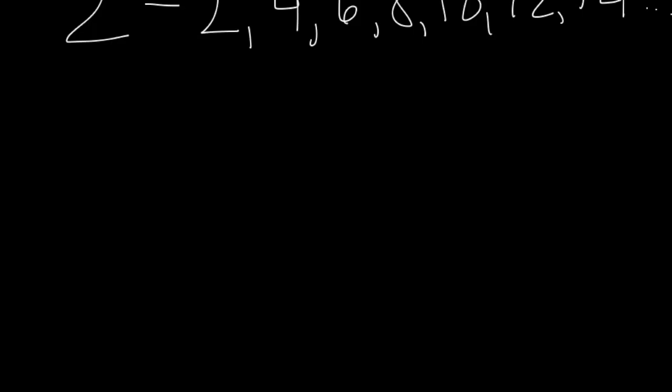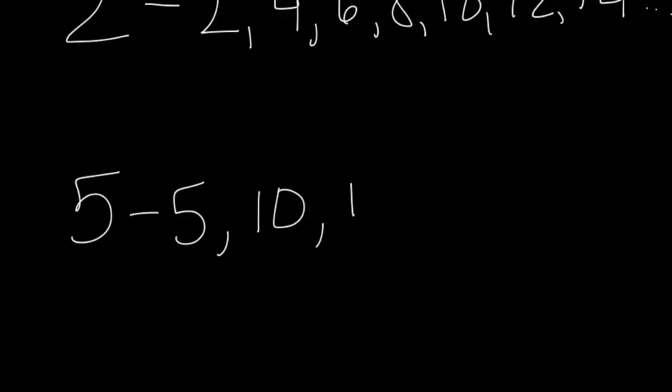But we don't want to do that because we'll be here all day. So we can also use the same strategy to find the multiples of 5. So we would count by 5s instead of 2s. So 5, 10, 15, 20, 25, and so on and so forth.